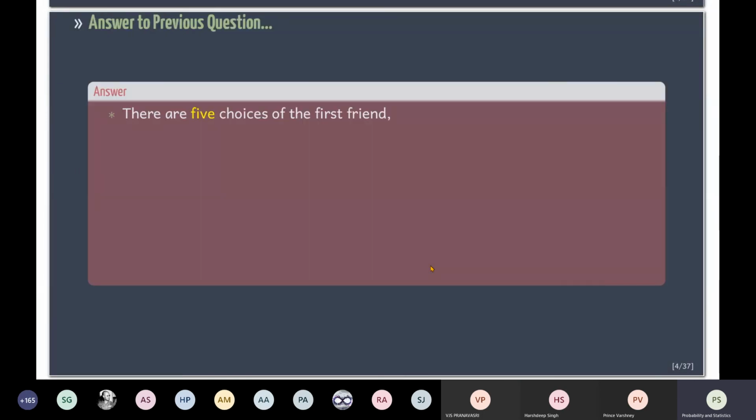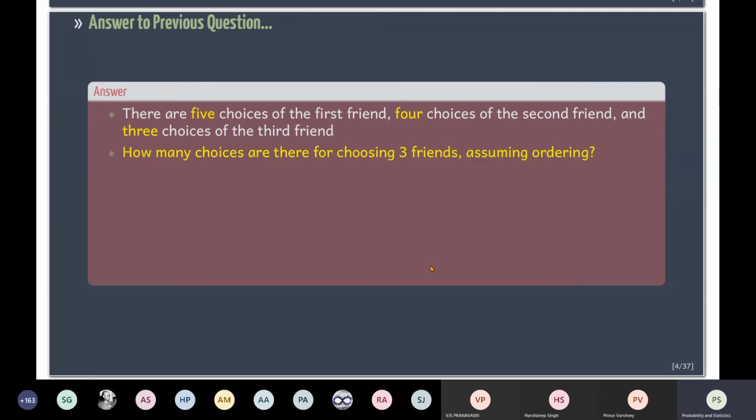There are 5 choices for the first friend, 4 choices for the second friend and 3 choices for the third friend. So how many ways are there for choosing 3 friends, assuming that ordering matters to you?